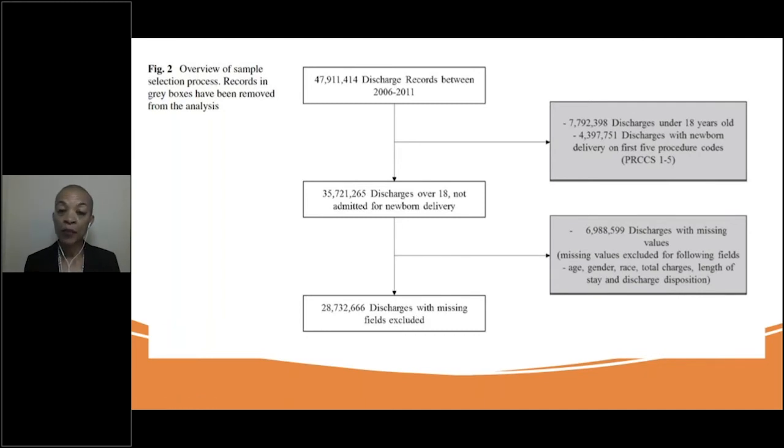And I think there is something to be said about when we grab on and hold on to these data sets. The data, as you well know, comes with many different attributes. We were looking at age, gender, race, total cost, length of stay, and discharge disposition.